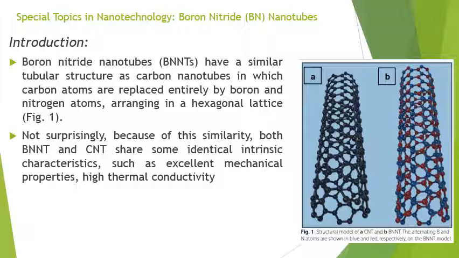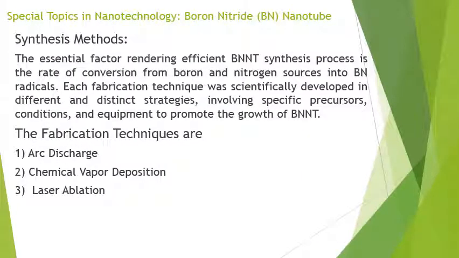Because of its similarity, both BNNT, meaning boron nitride nanotube, and carbon nanotube share some identical intrinsic characteristics, and those are excellent mechanical properties and high thermal conductivity. Now the synthesis methods. The essential factor rendering an efficient boron nitride nanotube synthesis process is the rate of conversion from boron and nitrogen sources into boron nitride radicals, that is BN radicals.